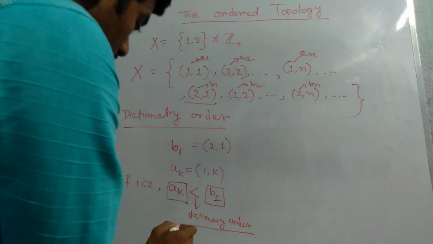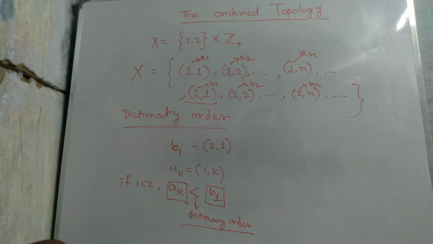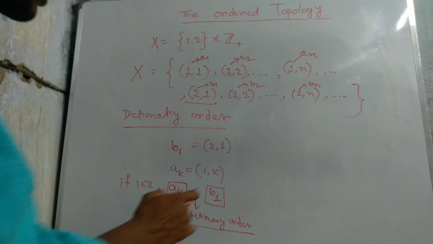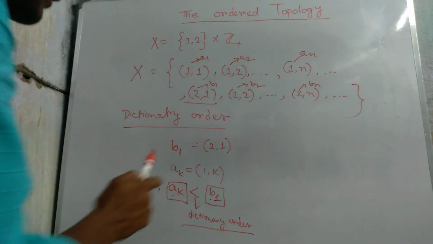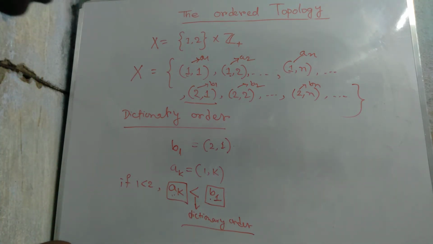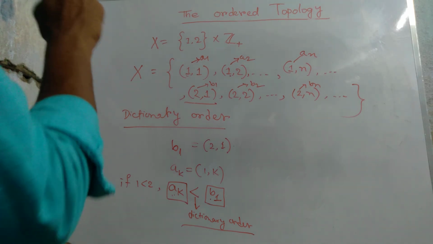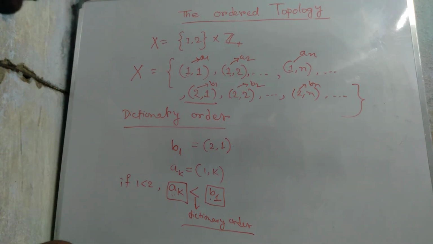In this way we find any open set we construct from X that contains B1 obviously contains some element Ak. So this is also an order topology, but this one is not the discrete topology.